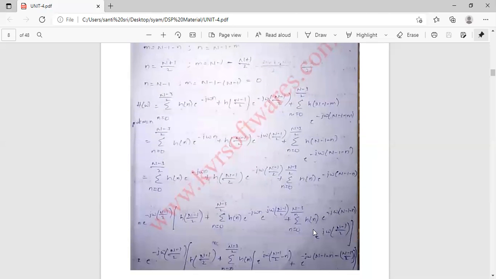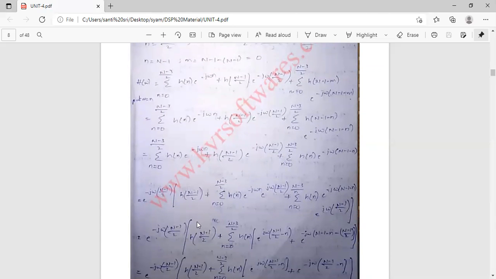Okay, so taking e^(-j omega (N minus 1) by 2) as common, this is h((N minus 1) by 2) plus sigma n equal to 0 to (N minus 3) by 2 of h(n) into e^(-j omega n) into e^(j omega (N minus 1) by 2), plus sigma n equal to 0 to (N minus 3) by 2 of h(n) into e^(-j omega (N minus 1 minus n)) into e^(j omega (N minus 1) by 2).